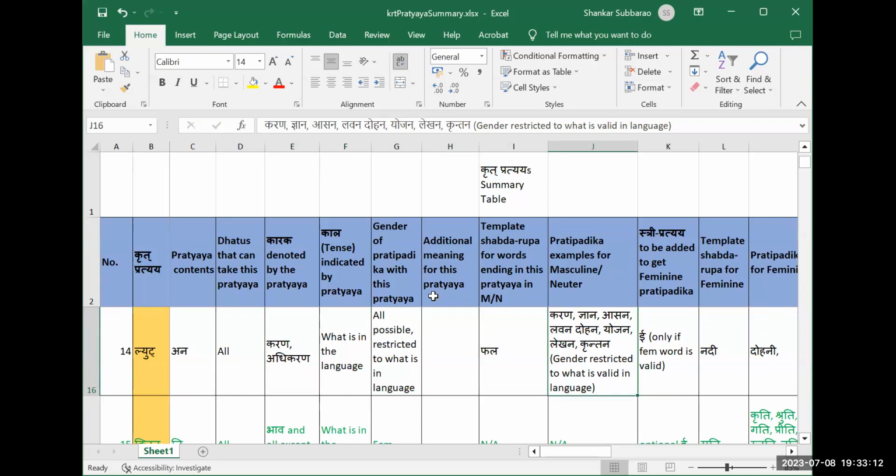Not just what you know, that by which you know. Means of knowing. Asana, that way in which you sit, or that on which you sit. Karana, adhikarana, both meanings are there for asana. Okay? Is that clear, Priyanka? Yes, Swamiji. Thanks. Any other question?